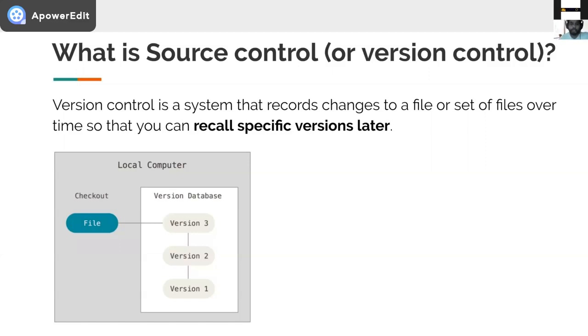Even in a local computer, the basic idea is that you have multiple versions, and you work on one specific version at a time, most probably the latest one, but you have the older versions stored in a kind of database. So that is the basic understanding.